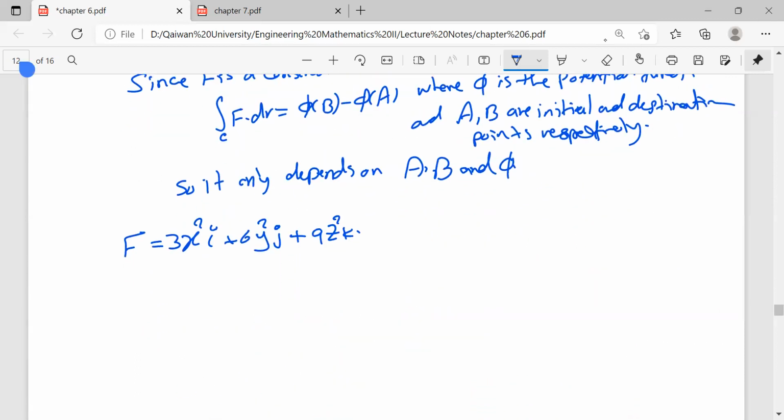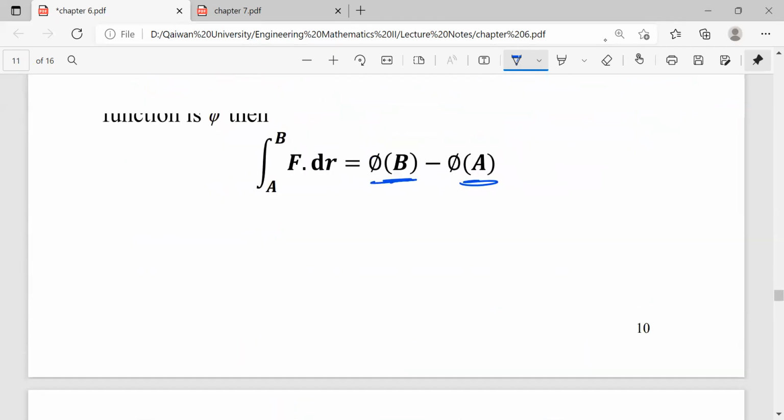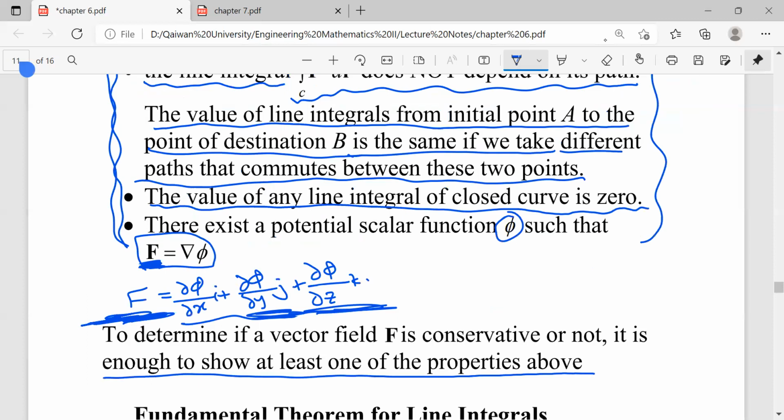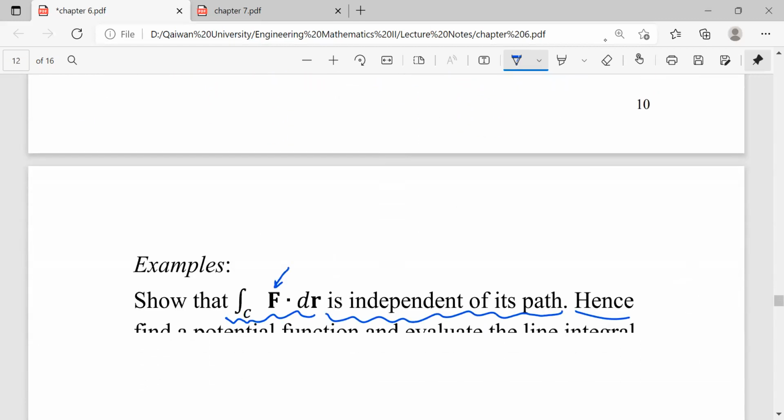This is F, and we say this equals partial phi by partial x i plus partial phi by partial y j plus partial phi by partial z k. This is the potential function. As you see here, it says F equals grad phi. Grad is partial by partial x i plus partial by partial y j plus partial by partial z k.